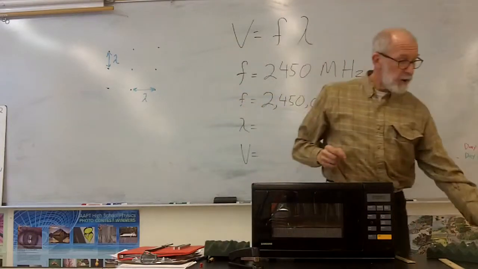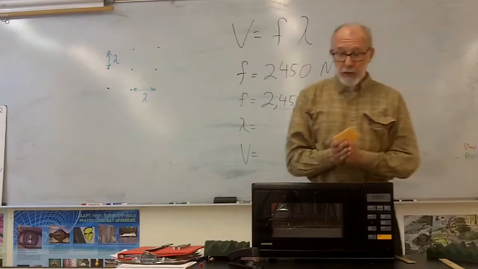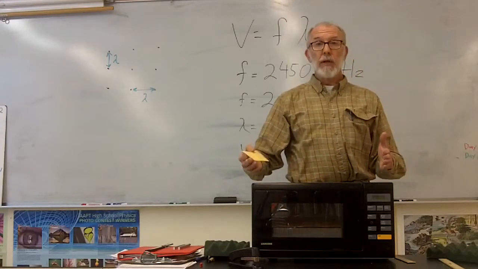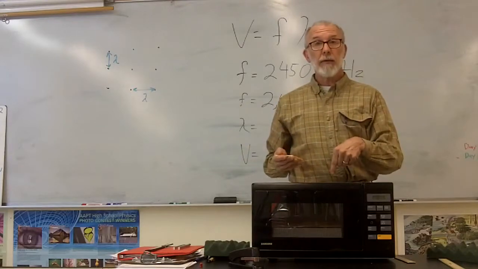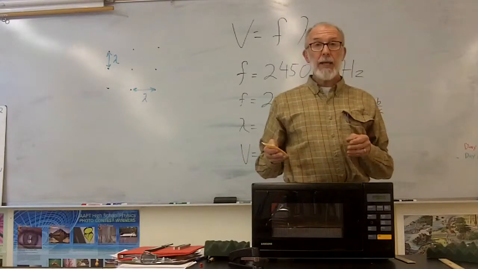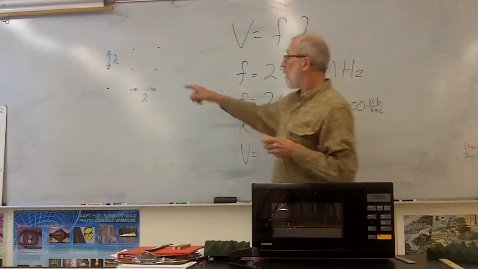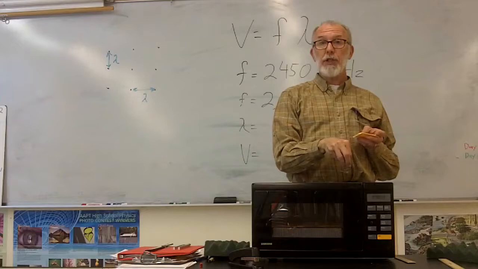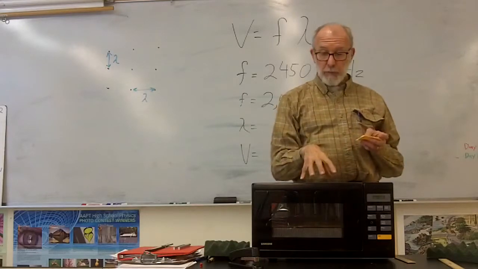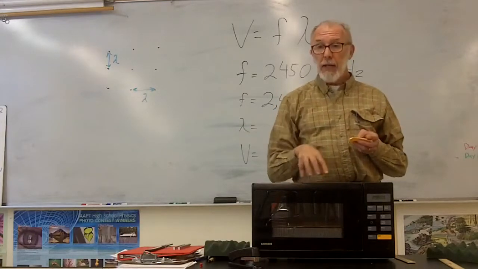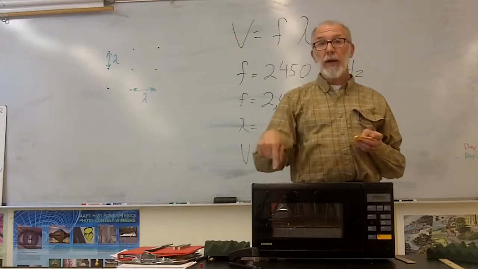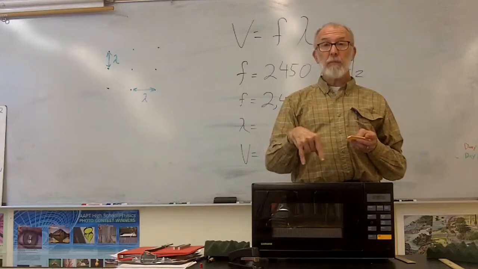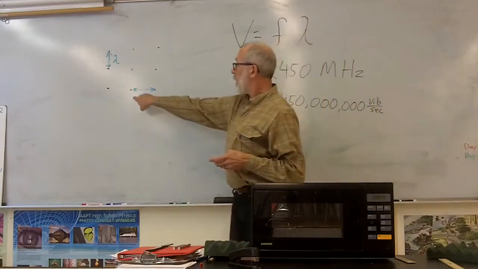So if we take our processed American cheese and lay a whole bunch of slices of cheese out on a piece of cardboard and stick it in the microwave and turn it on, the microwave will start heating it, and where there are these peaks, you'll have a hot spot, and it will bubble up and melt the cheese first. So if we put the cheese in, turn the microwave on, and then pull it out, we can look where the cheese is bubbled up, measure the distance between those bubbled up points, and that will be our wavelength.